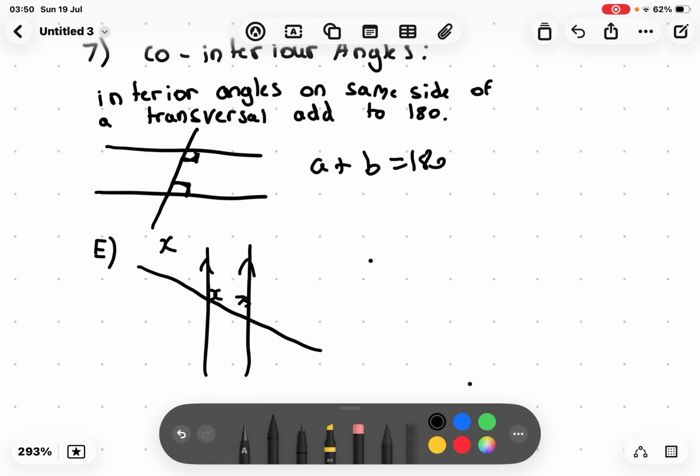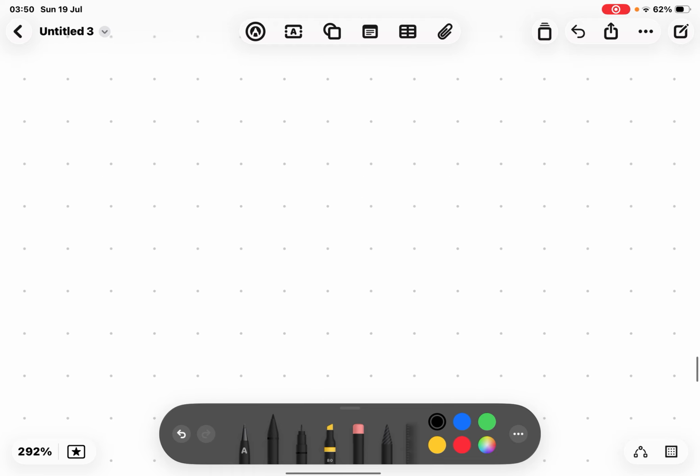Well, it's the same thing, it's just turned, so x equals 75.